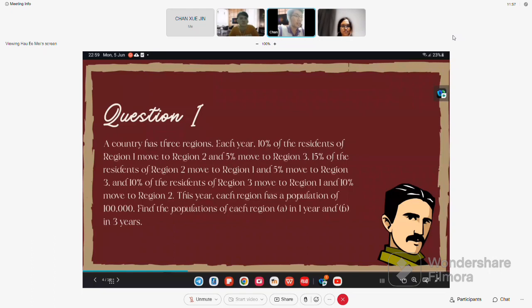Also 10% of the residents of region 3 move to region 1 and 10% move to region 2. Each region has an initial population of 100,000. The question asks us to find the population of each region in 1 year and in 3 years. Right, next slide.